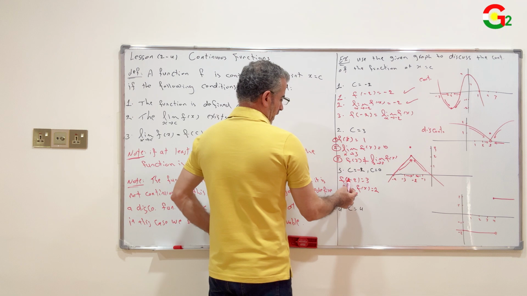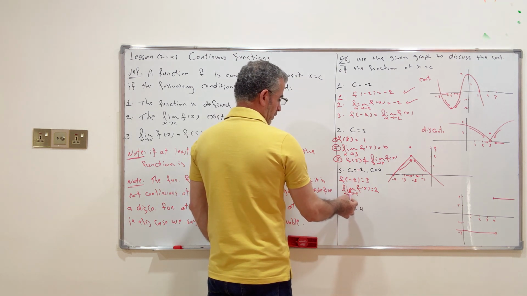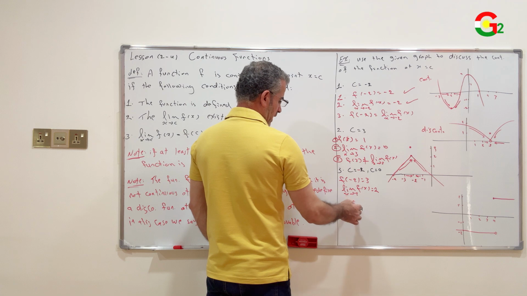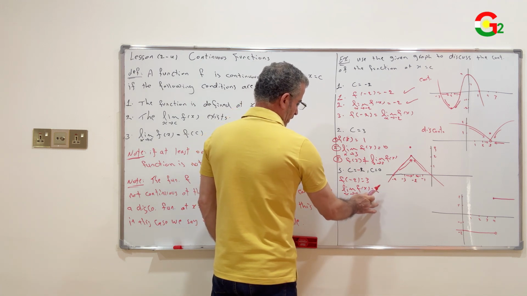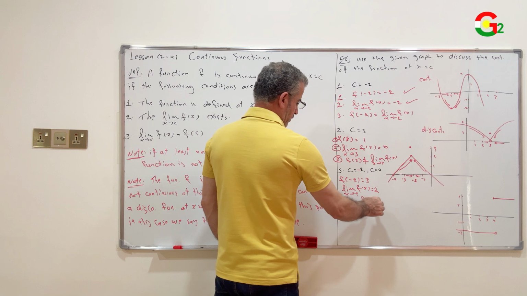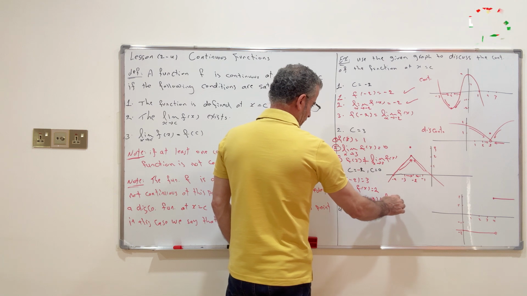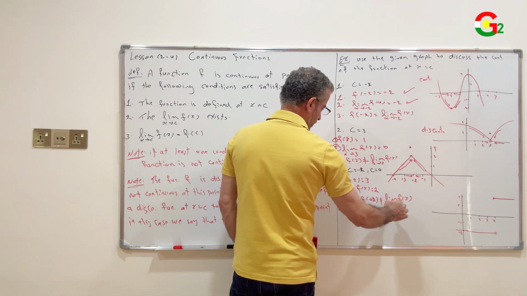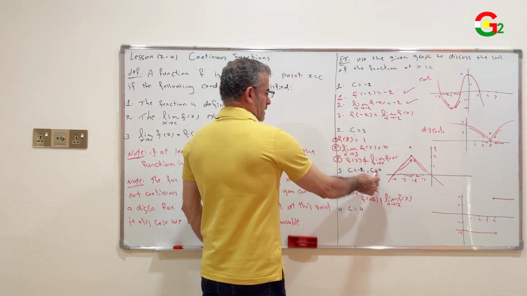But the value of the function at -2 is not equal to the limit of the function when x approaches -2, then the function is discontinuous when c equals -2.